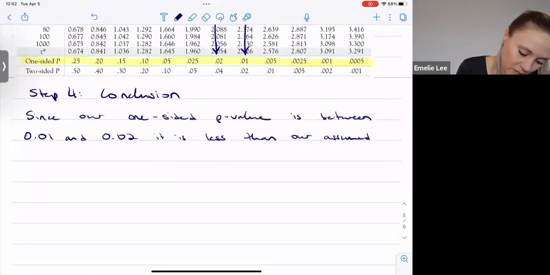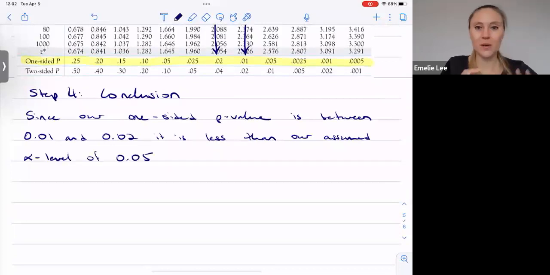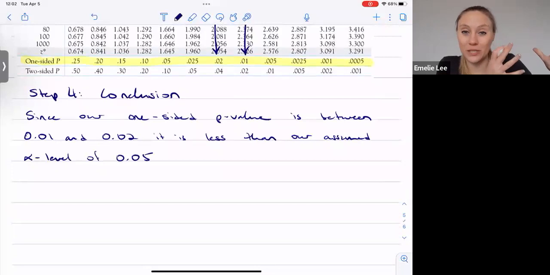It's less than our assumed alpha level of 0.05, right? Both 0.01 and 0.02 are less than 0.05, so it's somewhere in there. That's fine, it's less than 0.05.